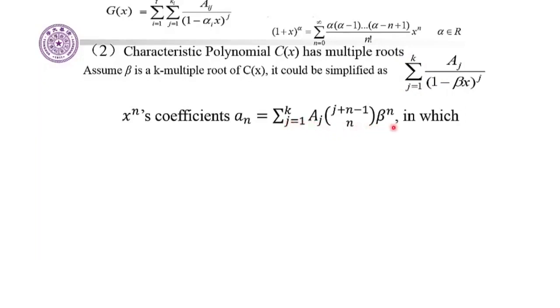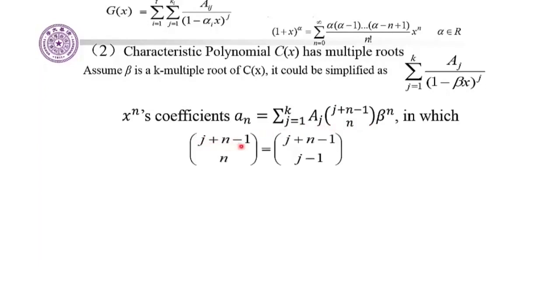Of course, the corresponding root beta is still here. So we will discover that with characteristic polynomial, we could also use multiple roots and undetermined coefficients with a combination number to get the expression of an. Of course, this combination number is quite complex.